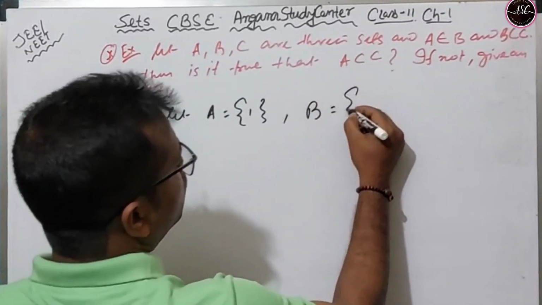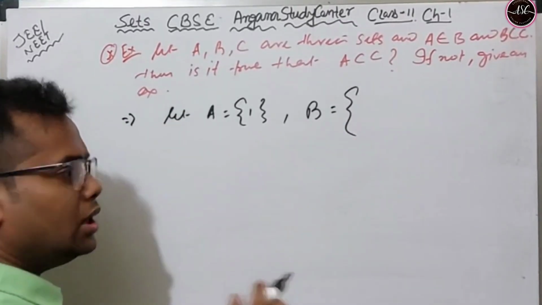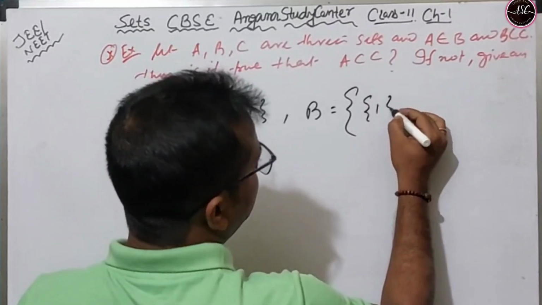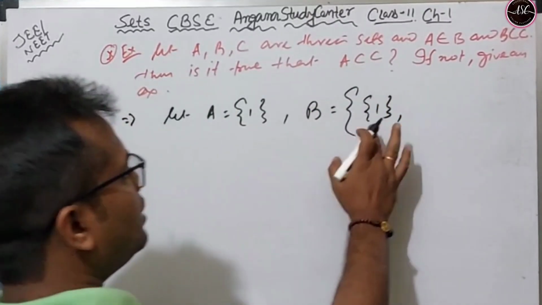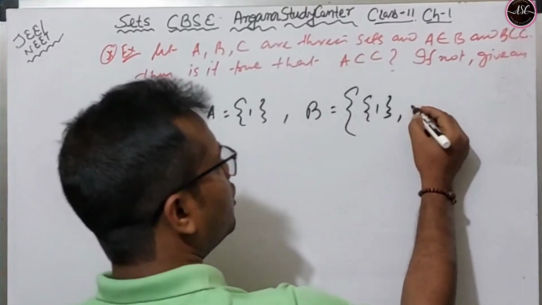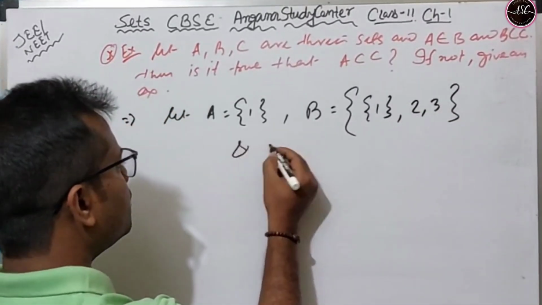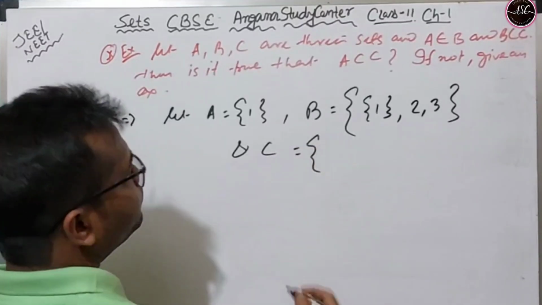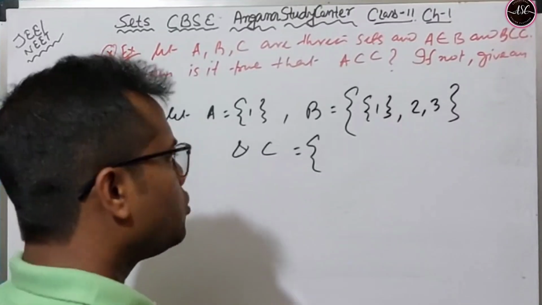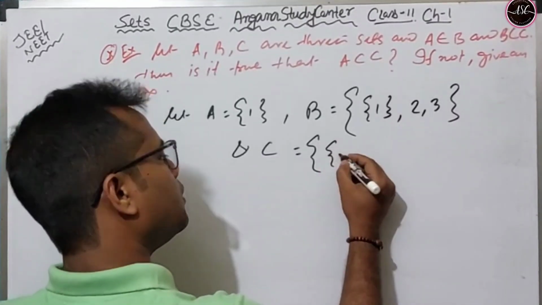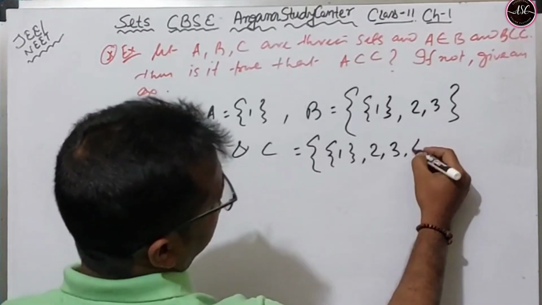As A belongs to B, the element of B is A, so we write this, then 2, 3. And C equal to: as B is a subset of C, we can assume all the elements of B are elements of C, and extra.